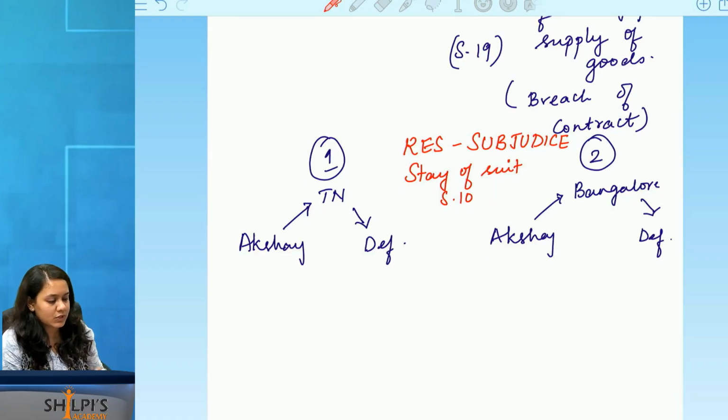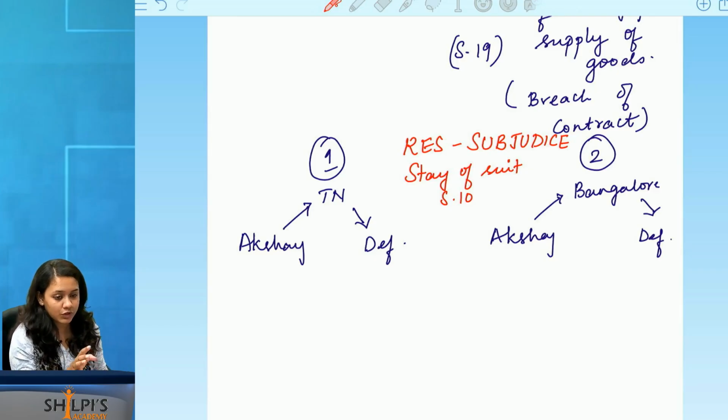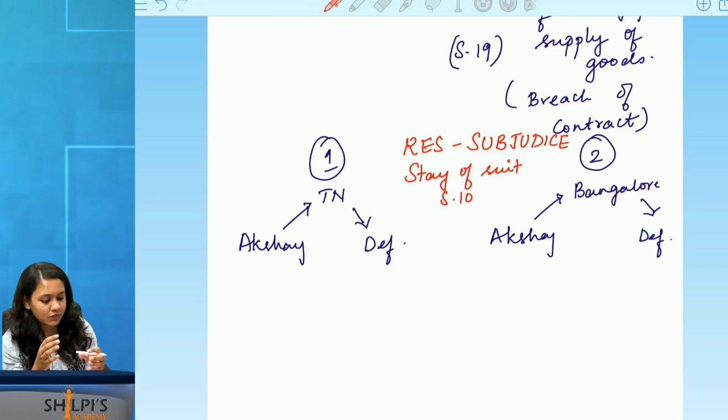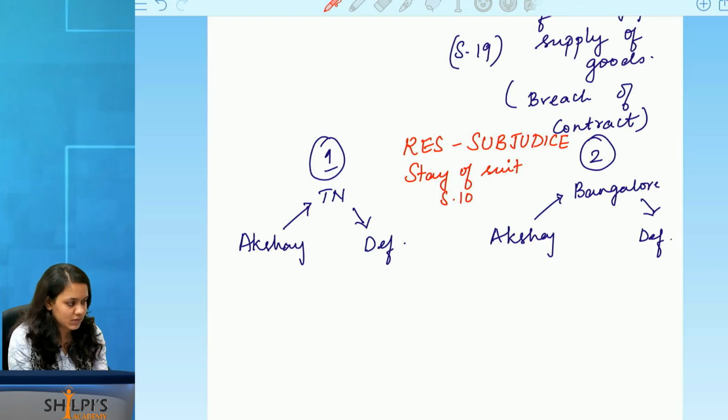What this principle of res sub judice is saying is that if there are suits with the same cause of action, the same plaintiff and the same defendants, and the matter has been instituted twice in different courts of law, then whichever suit was instituted first can be heard by the court of law, and whichever suit was instituted second will be put a stay to.